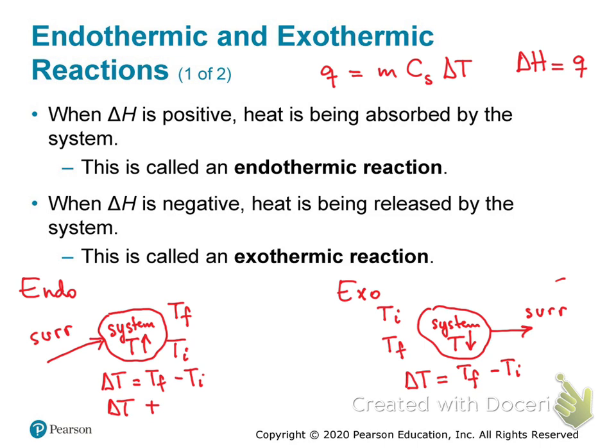And so with TF being lower in this scenario, delta T is negative. Looking at the top of the screen, if delta T is negative, with these two quantities always being positive, Q ends up being negative, and if Q is negative, delta H is also negative. So what is the connection? Endothermic processes have delta H positive, exothermic processes have delta H negative.